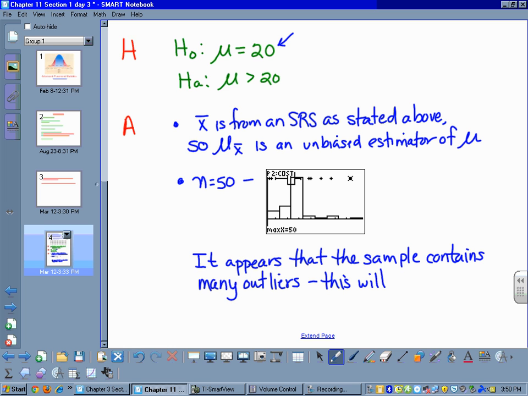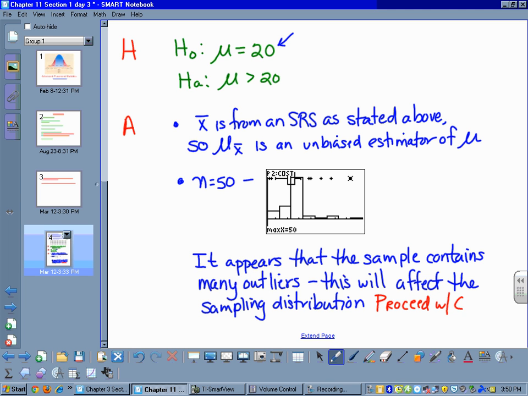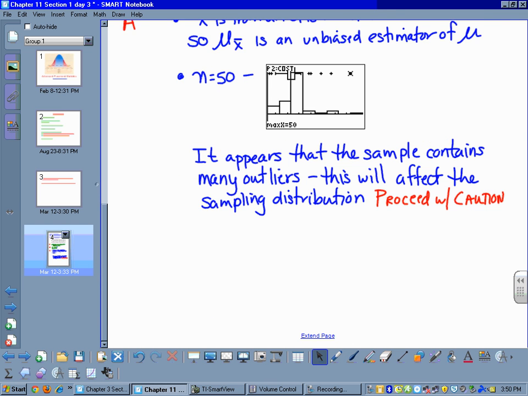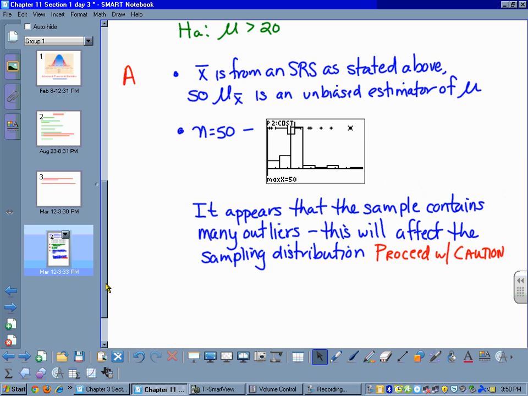This will affect the sampling distribution. Proceed with caution. Technically, we should not be moving on since we have all these outliers, but we are going to continue.